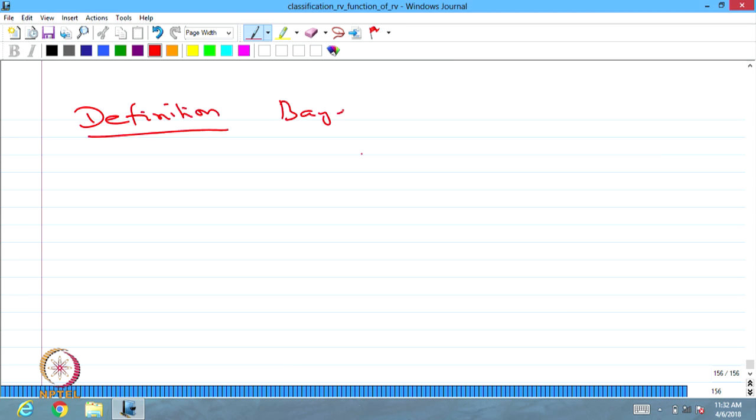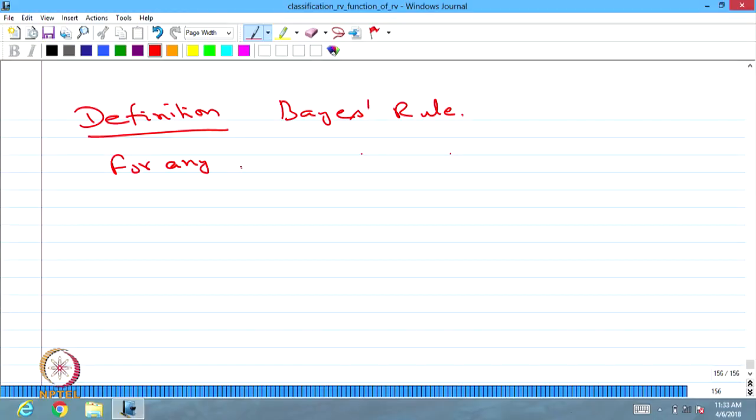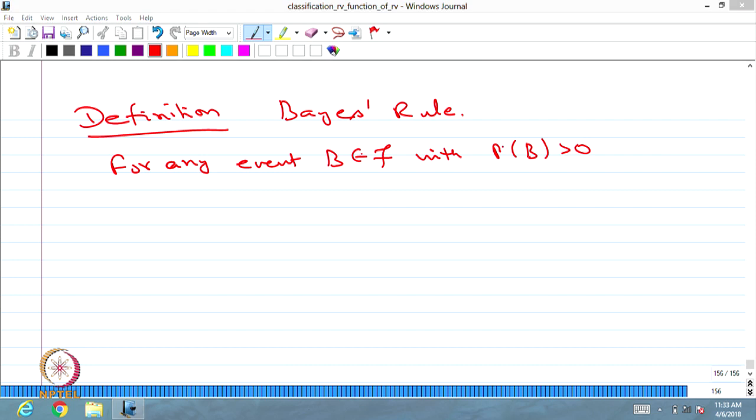What this rule says, as a continuation of the total probability rule, is that for any event capital B belonging to F with the probability of B also greater than 0. Already we made the assumption P of Ai is greater than 0. Now we are making P of B also greater than 0.